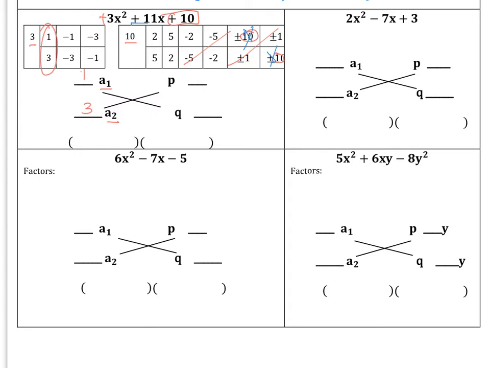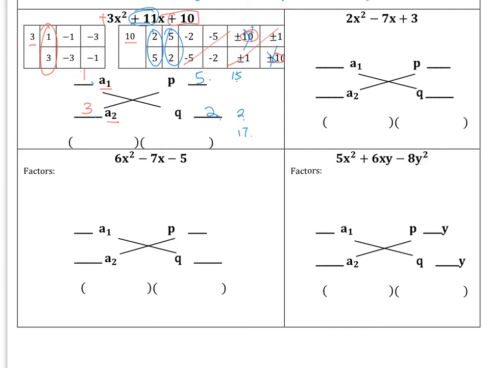It's too near 11. And then if I look at the pair 2 and 5, how would I know which one to use? So if I don't know, I might have to do a little guessing here. 3 times 5 is 15. 1 times 2 is 2. 15 plus 2 is 17. That's too big, okay?